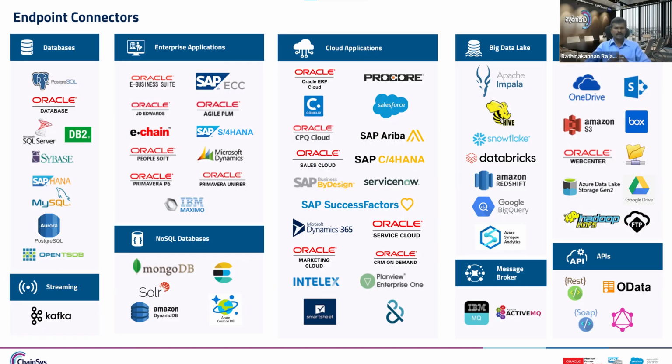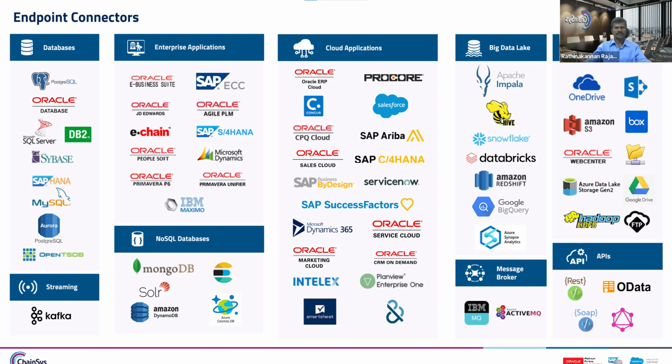So this is a list of connectors that we currently support. On the databases, we support all the major databases like Oracle, Postgres, SQL Server, SAP HANA, and MySQL. On the streaming part, we have support for Kafka systems.